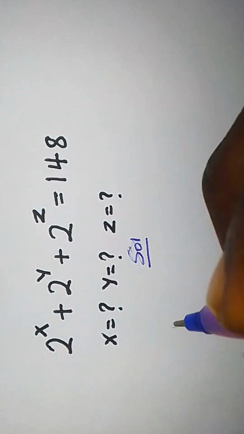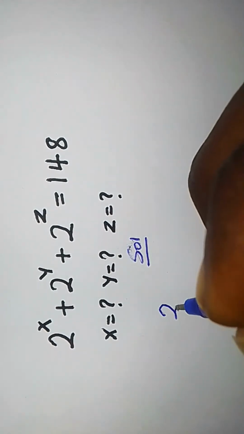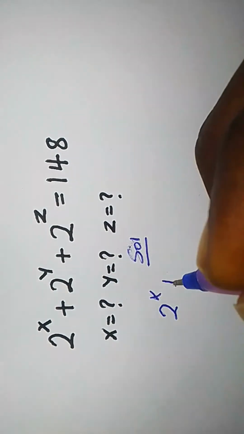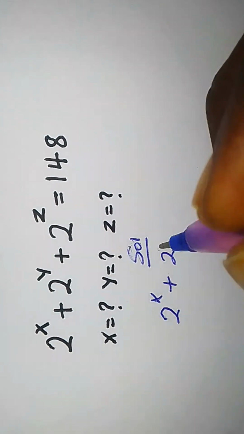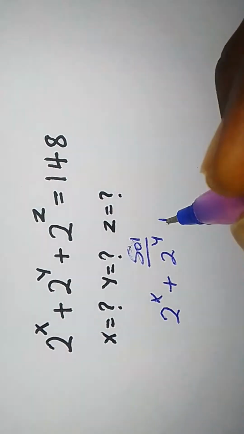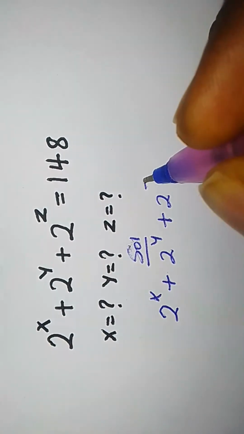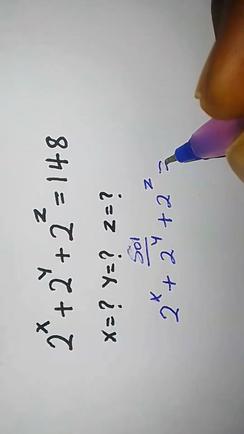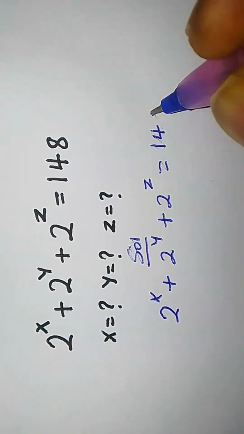Let's get down the question first. 2^x + 2^y + 2^z is equal to 148.